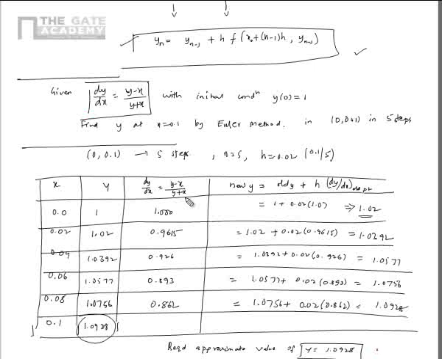So let's see another method, the Runge-Kutta method, which is the most popular method among the engineering community. We'll deal with the fourth order Runge-Kutta method, which is popularly called the Runge-Kutta method.